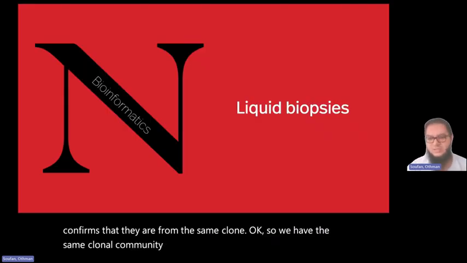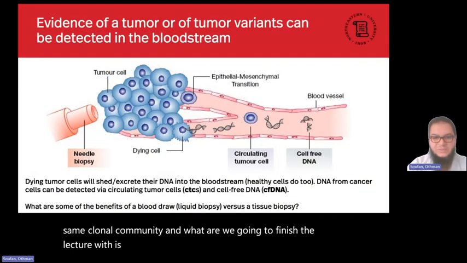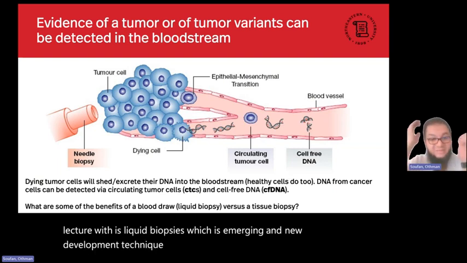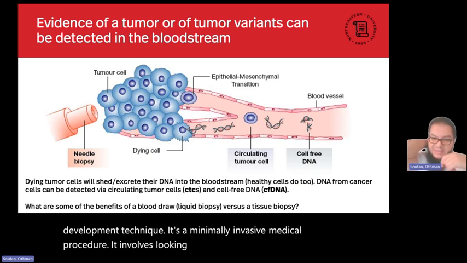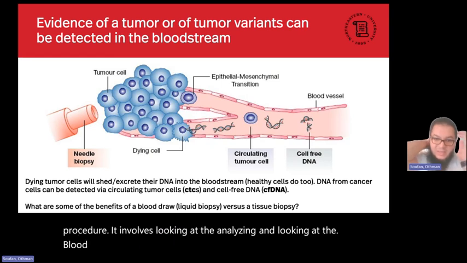And what we're going to finish the lecture with is liquid biopsies, which is an emerging and new development technique. It's a minimally invasive medical procedure. It involves analyzing blood, primarily, and it's an innovative technique.